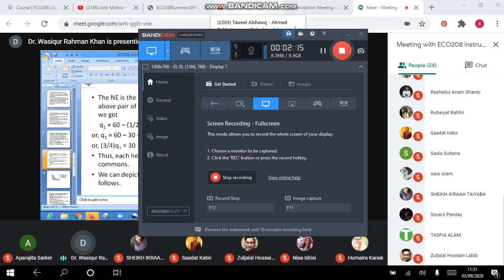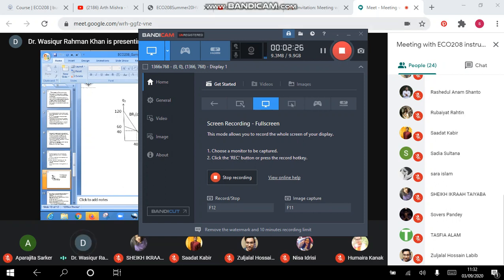Okay, now we could have solved this problem graphically as well. How? So look at this diagram. On the vertical axis, I have Q2. On the horizontal axis, I have Q1. And I am plotting BR1 and BR2.